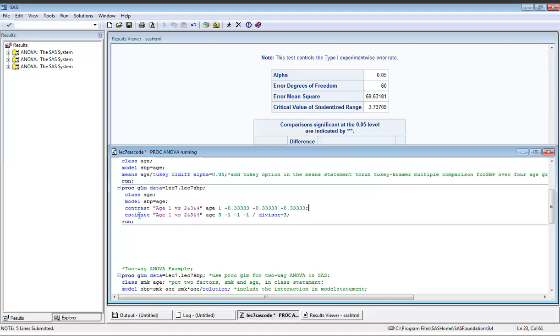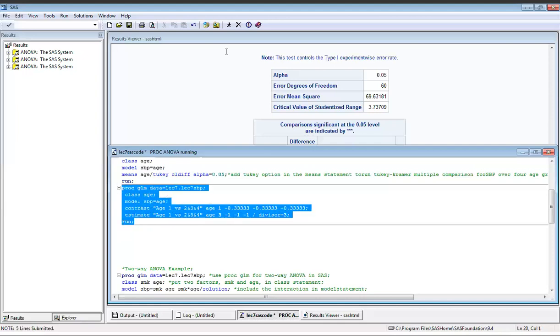Right, and for the estimate we're basically doing the same test, but here we can use 3, negative 1, negative 1, negative 1, basically divided by 3. We're testing the same thing, but there will be a little difference in the output. So we can first run this procedure.